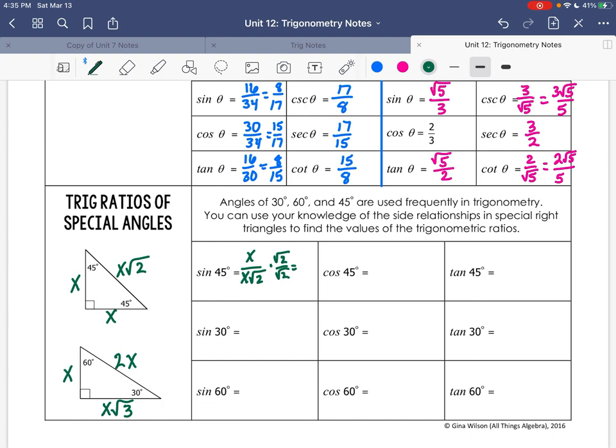And so we get x square root of 2, and then 2x, because square root of 2 times square root of 2 is 2. Well, then the x's cancel out. So it is square root of 2 over 2 is always the sine of a 45-degree angle.